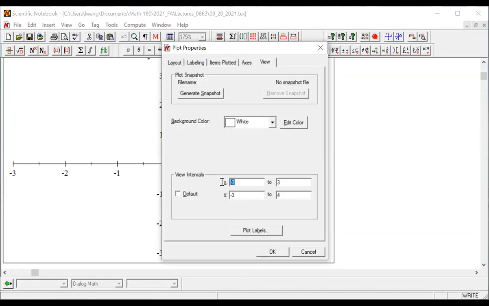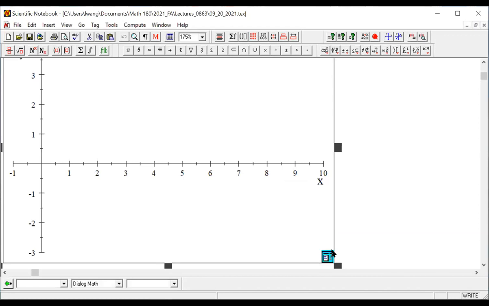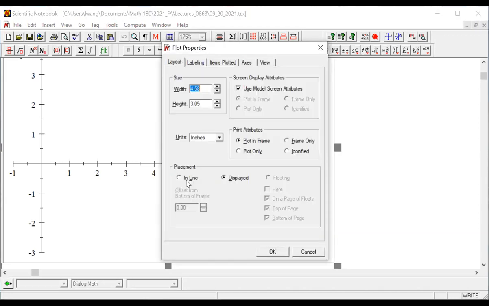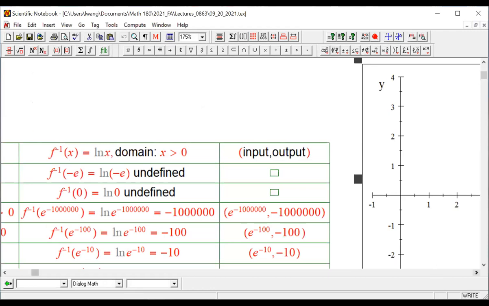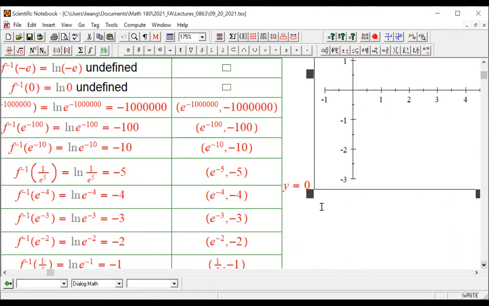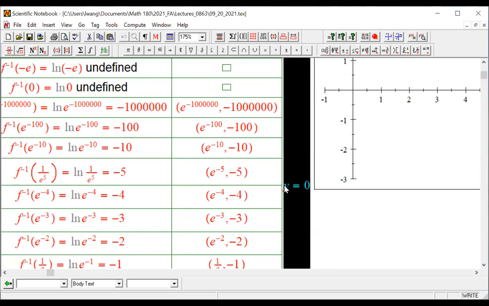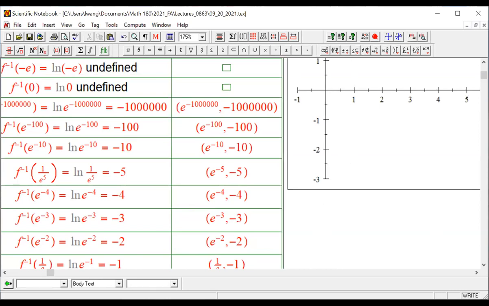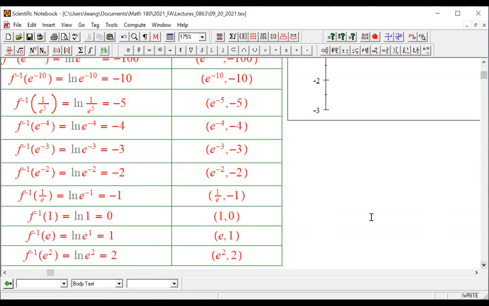I gotta choose this one. This is 5, 10. All right, so I got this graph, got the grids. Okay, we're gonna plot some points together. Do you guys have a paper and pencil in front of you? Please do. So we have all these inputs and outputs to plot there.